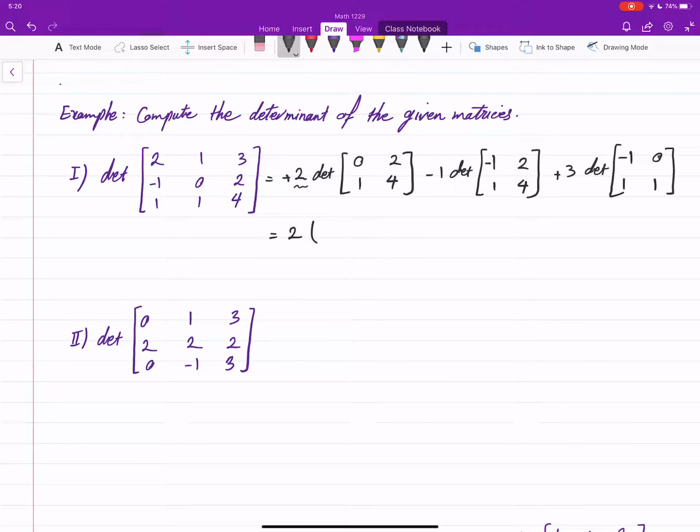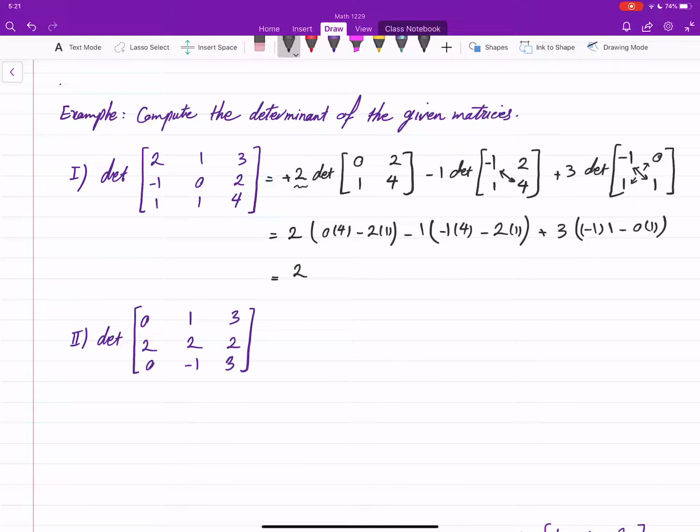See here, 0 times 4 minus 2 times 1, minus 1 times (-1 times 4 minus 2 times 1) plus 3 times (-1 times 1 minus 0 times 1). And then compute these numbers.